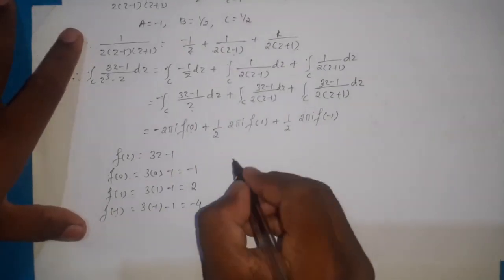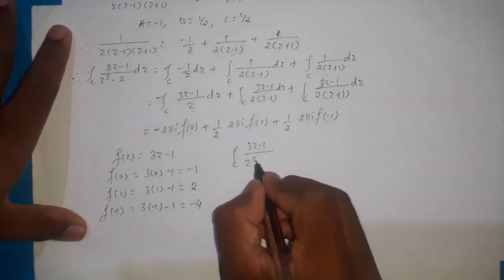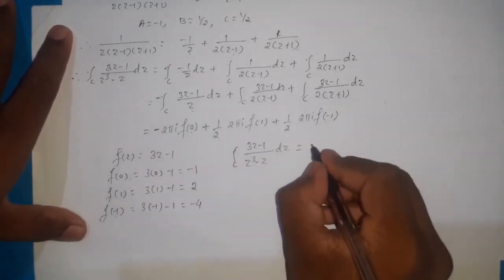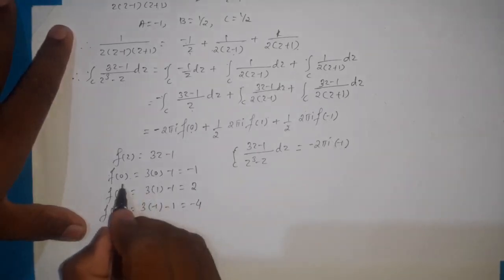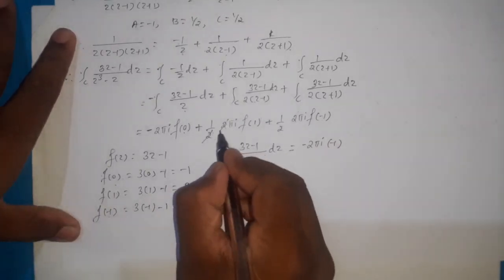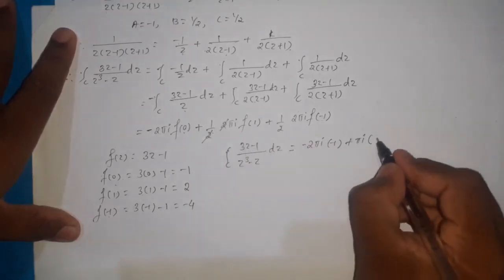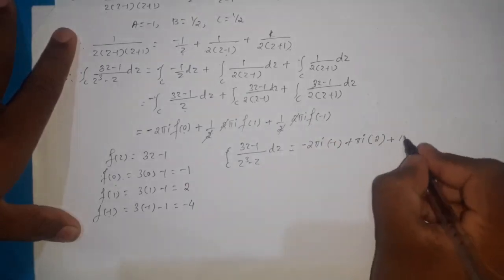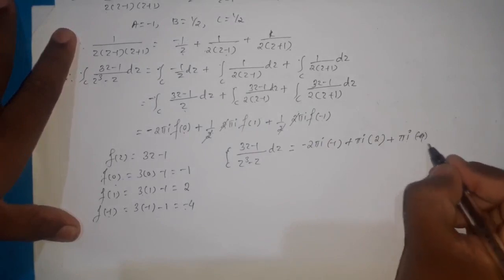Then integration over C of (3z minus 1) divided by (z cube minus z) dz is equal to minus 2 pi i into minus 1, because f of 0 is minus 1. And here we can cancel out this 2 and 2, remaining plus pi i into f of 1, which is 2, plus 2 gets cancelled, then pi i into f of minus 1, which is minus 4.